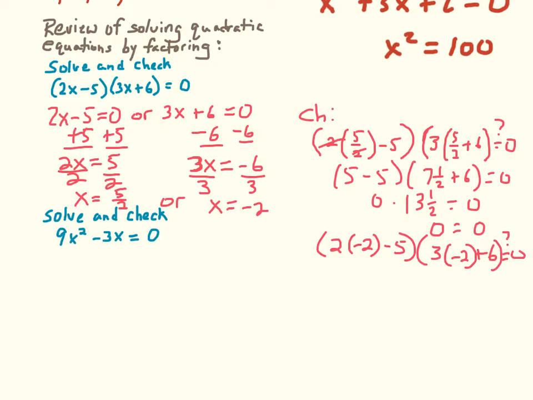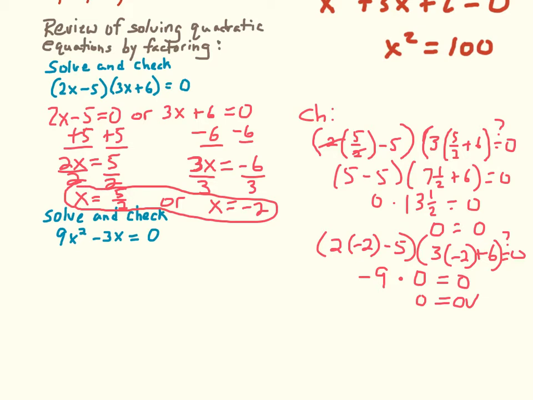Well, this is going to be negative 4 minus 5, so that's negative 9, times negative 6 plus 6, so that's 0. So 0 equals 0, so they both check and both are valid solutions.